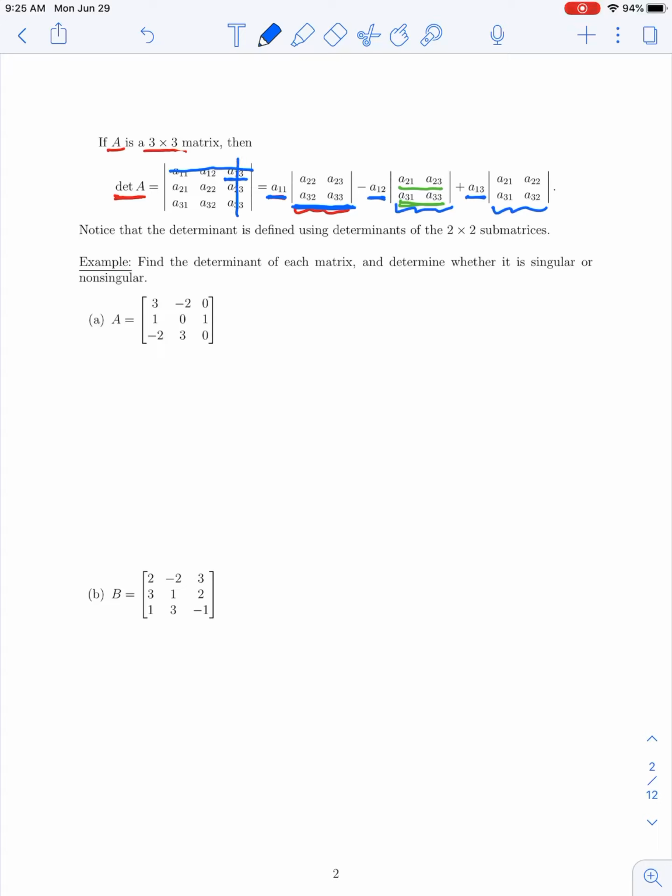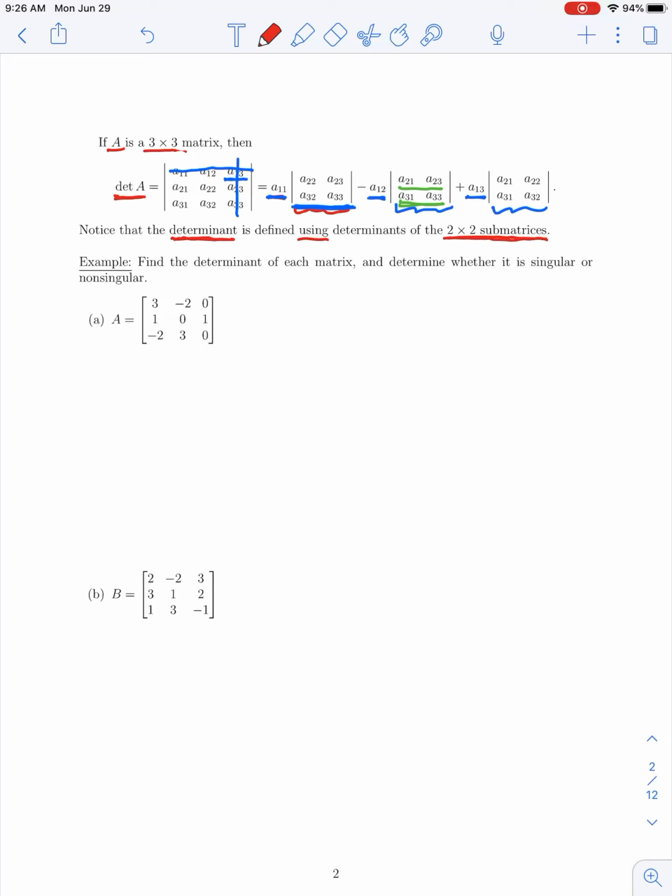So I would have the matrix A21, A22, A31, A32, and I would take the determinant of that 2 by 2 submatrix. So we're seeing here that we can define the determinant for this 3 by 3 matrix by making use of determinants of 2 by 2 submatrices. And in general, that definition is going to be extended. We'll see how in just a moment.